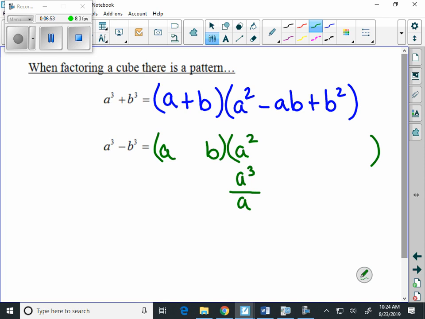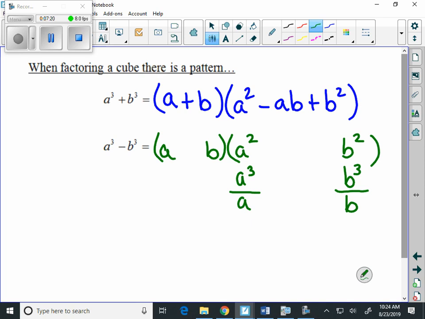In the very last position, to the far right, let's take b cubed, the value from the problem, and divide it by the second value in our first parentheses, which is b. We had 3 b's, we took out 1, we have 2.